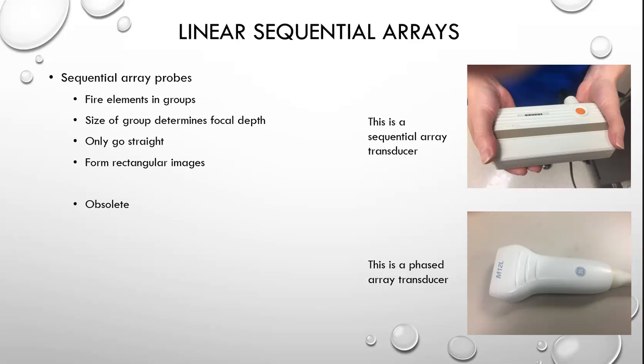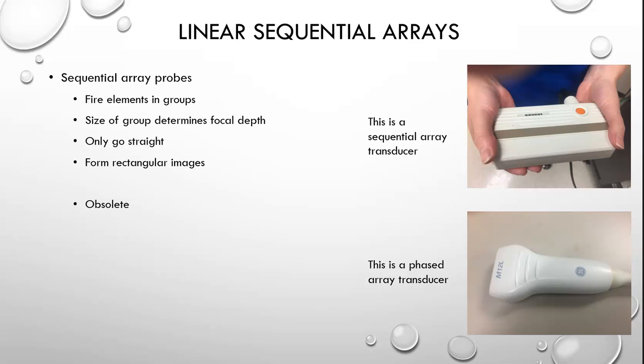Linear sequential array probes are these big probes that used to come with machines. They have multiple foci in them, or multiple crystals in them, that allow you to select different size groups of crystals to fire off, but they only go straight, they only form rectangular images, and they are obsolete. A phased array transducer is what we use today.